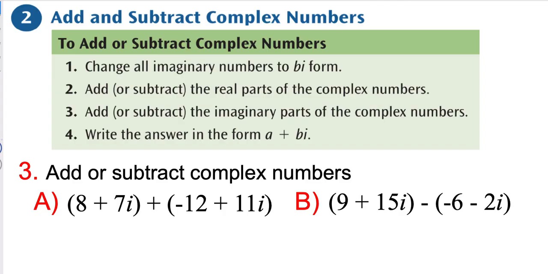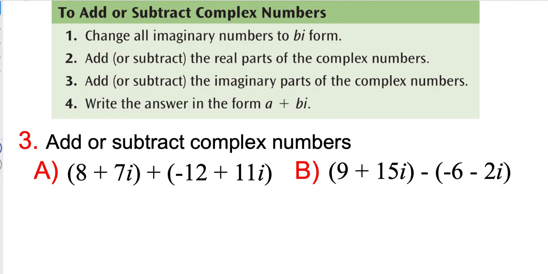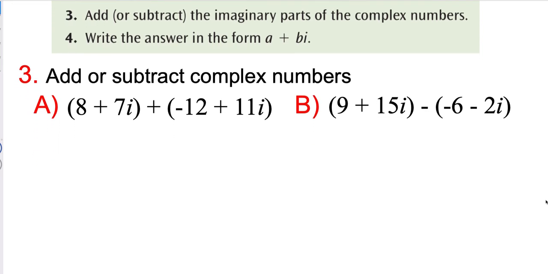So, to add and subtract complex numbers, you have to pay attention to the variable, or not the variable, the i, okay? We're going to treat the i like a variable, okay? And these look similar to FOIL. We're not foiling though. We're doing this stuff plus this stuff, okay? They're written with parentheses, so that way you can see that I have this complex number added to this complex number, okay?